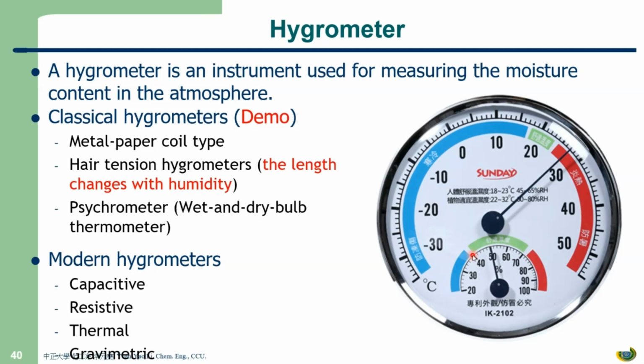So how are we going to measure the humidity? There are many types, in two categories. The first one is the classic hygrometer. The second one is the modern hygrometer. The modern one uses capacitive, resistive, thermal, or gravimetric methods to measure. I don't have time to talk about this. If you are interested, you can Google it or go to YouTube.